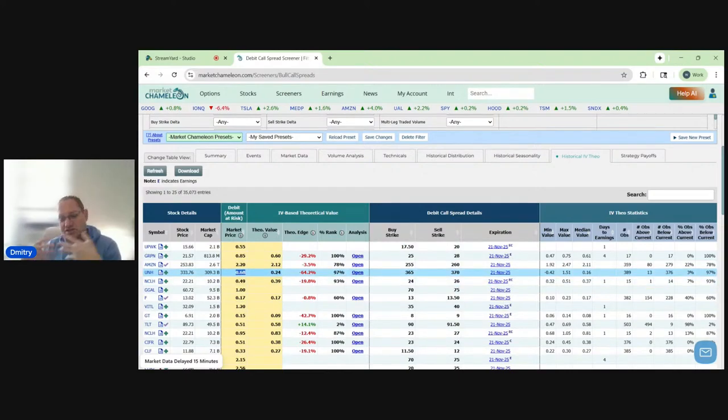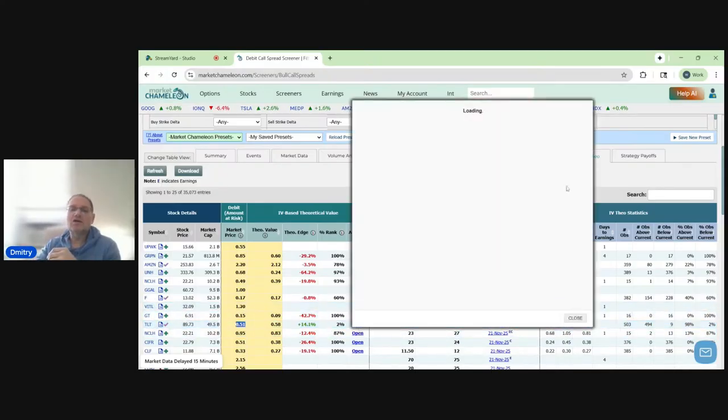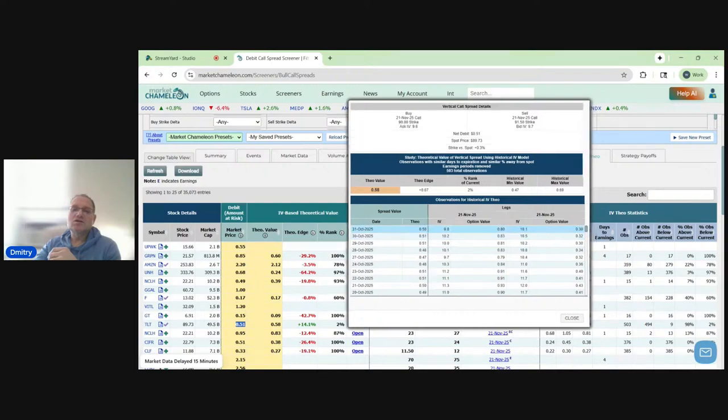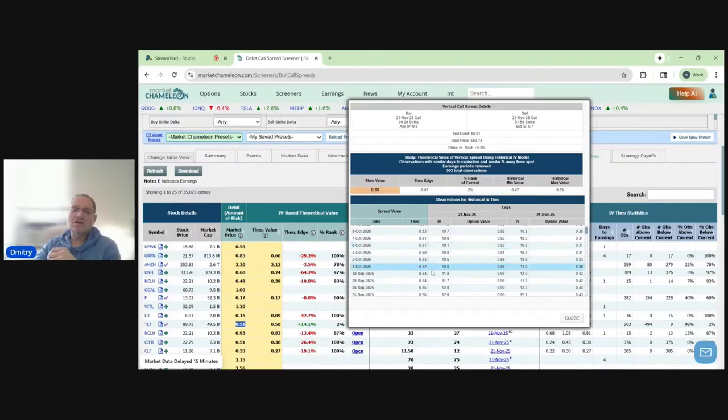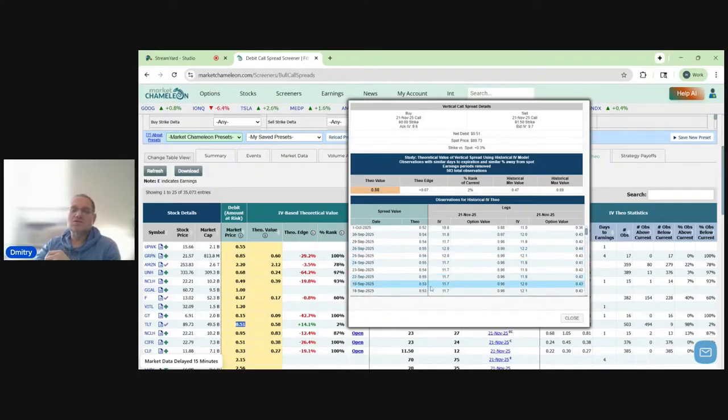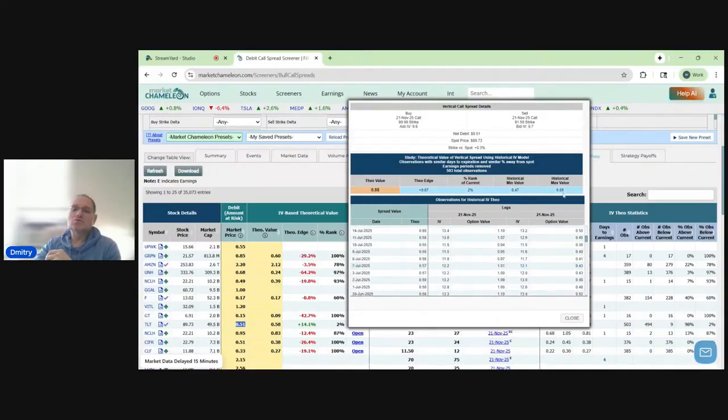So if we're looking for markets trading very low, for example, here's one in TLT. This is saying that 2% of the historical observations were below where the market is right now, which means 98% were above. If we open that up, you could see 51 cents most of the time, and they're close. So TLT is a pretty tight market, but it's on the lower end of the historical range.